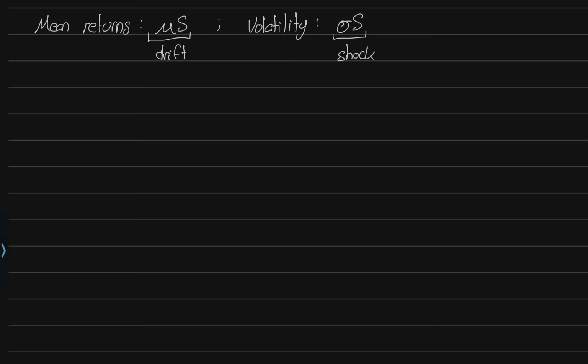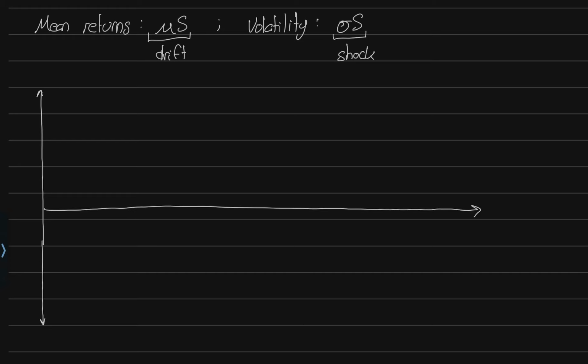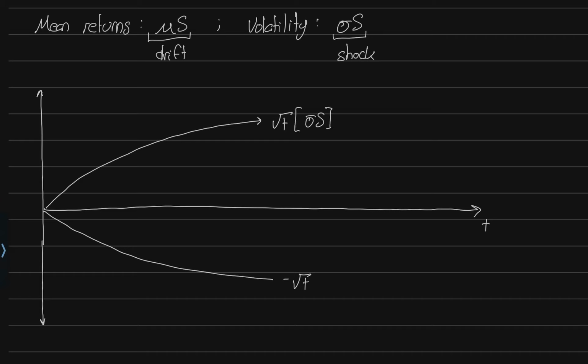So if I were to put this back into the Brownian motion model, where my standard Brownian motion has standard deviation square root t and negative square root t, if I wanted to really represent a stock price, I would also multiply this by my volatility times my stock price.